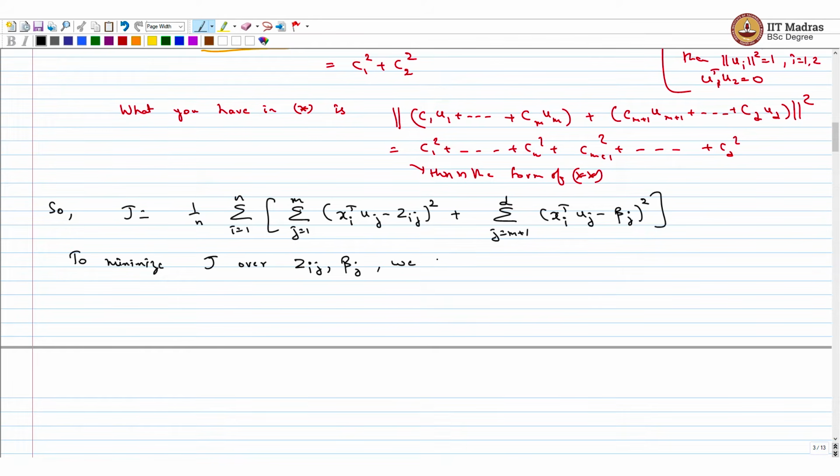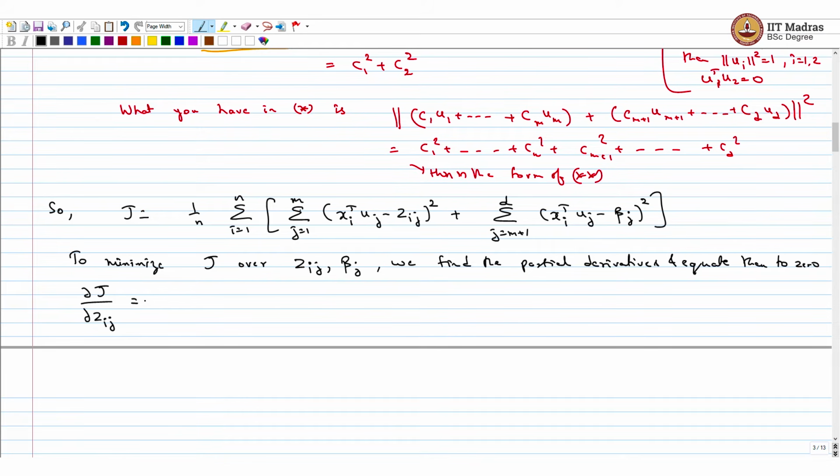We find the partial derivatives and equate them to 0. So what are the partial derivatives? Let's do dou J by dou zij.